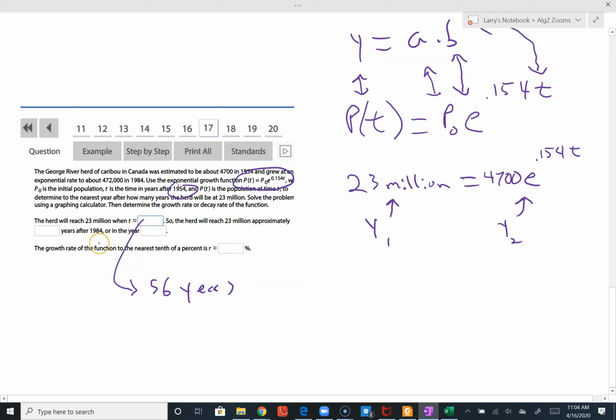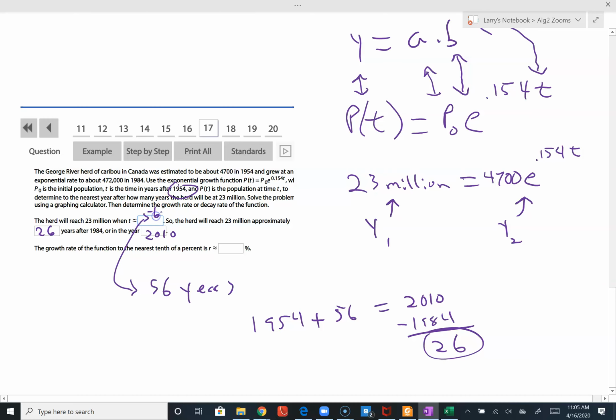It'll reach 23 million 56 years after 1954. 1954 plus 56 years, that's 2010. The year is 2010.